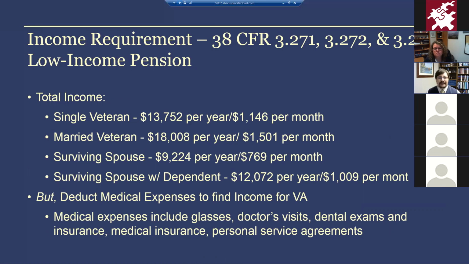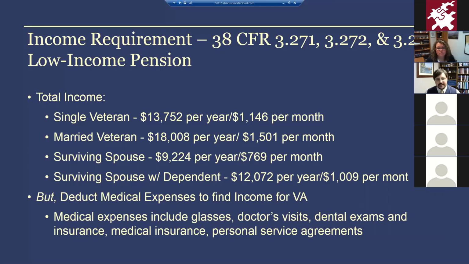Then there is an income requirement, and remember the income requirement for low-income pension, for housebound, and for aid and attendance is different. So for low-income pension, the income requirement for a single veteran is $13,752 per year, and so on and so forth. But when determining that, we deduct medical expenses to find the income for VA purposes. Many of you have probably already heard of the IVAP.